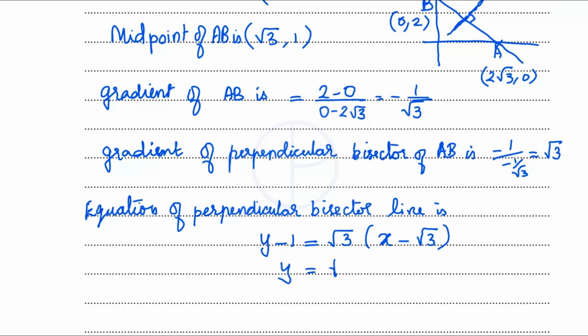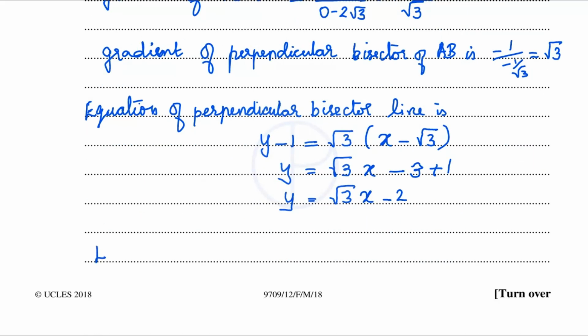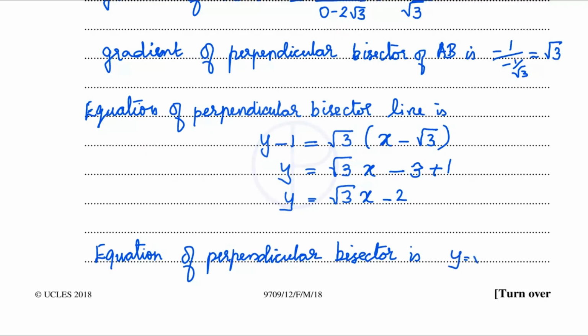Y is equal to square root of 3 times x minus square root of 3 times square root of 3, which is 3, plus 1. So we get y is equal to square root of 3 times x minus 2. So the equation of the perpendicular bisector is y equals square root of 3 times x minus 2.